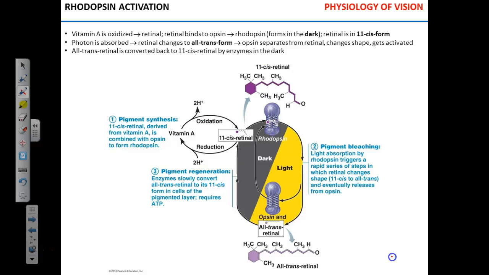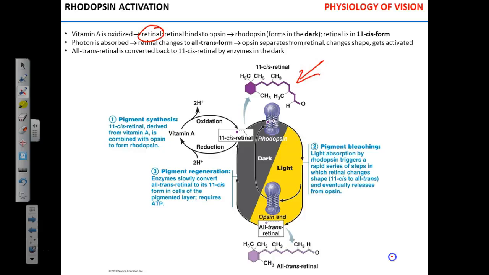Now the question is, what happens on the molecular level when light gets to photoreceptors? Retinol, the product of oxidation of vitamin A. You don't need to know that it's a product of oxidation of vitamin A. It's, again, chemistry.